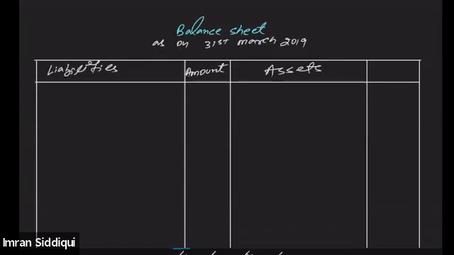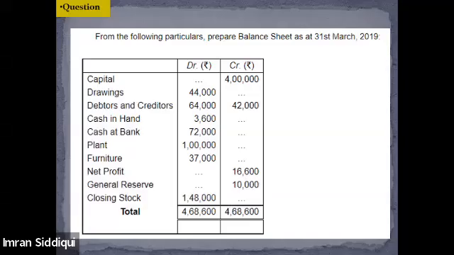Okay, so this is the format of the balance sheet. Now, identifying the items one by one, we need to just write the items on the relevant side of the balance sheet. The first thing is capital.